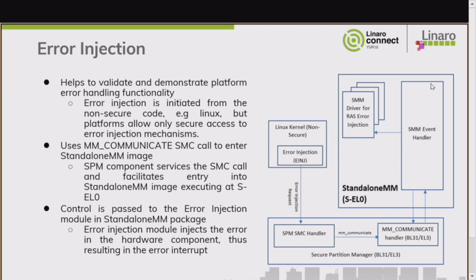The SMC call initiates an MM communicate into the StandaloneMM. The StandaloneMM would then correspondingly invoke one of the error drivers and request that particular driver to inject an error.